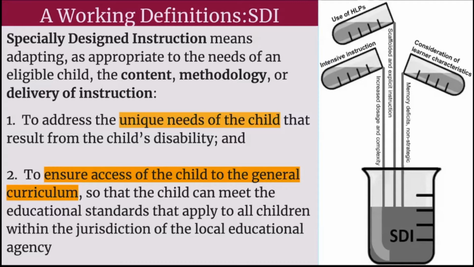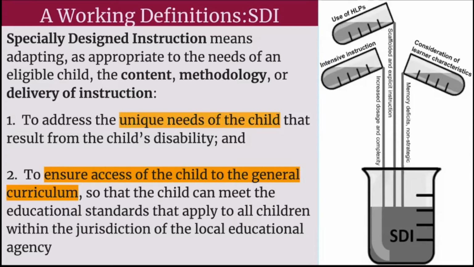What explicit instruction are we going to be able to provide to scaffold them into becoming and learning to be independent learners in the curriculum? What evidence-based instruction am I going to incorporate into my Tier 1 instruction and offer these students as specially designed instruction? And then lastly, what am I going to do about intensive instruction?